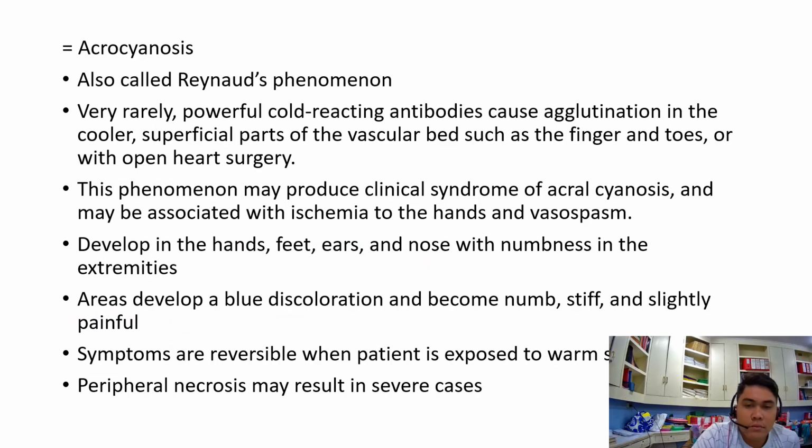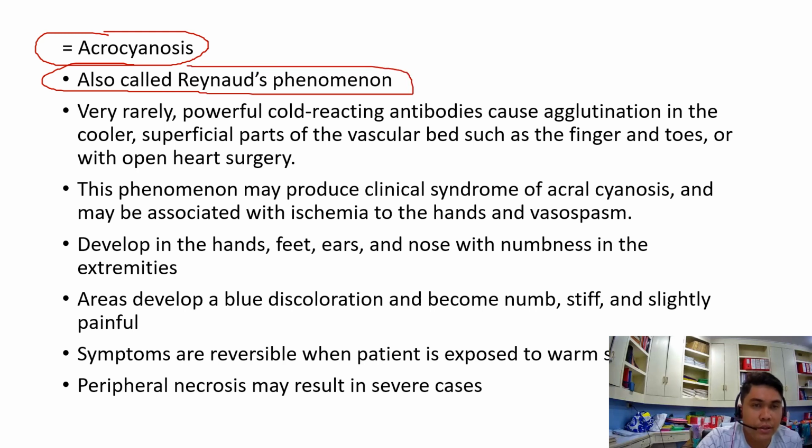And in cold agglutinin disease, you have the appearance of acrocyanosis, also called Raynaud's phenomenon. Okay, so in Raynaud's phenomenon, very rarely powerful cold reacting antibodies cause agglutination in the cooler superficial parts of the vascular bed, such as the fingers, toes, or with open heart surgery.